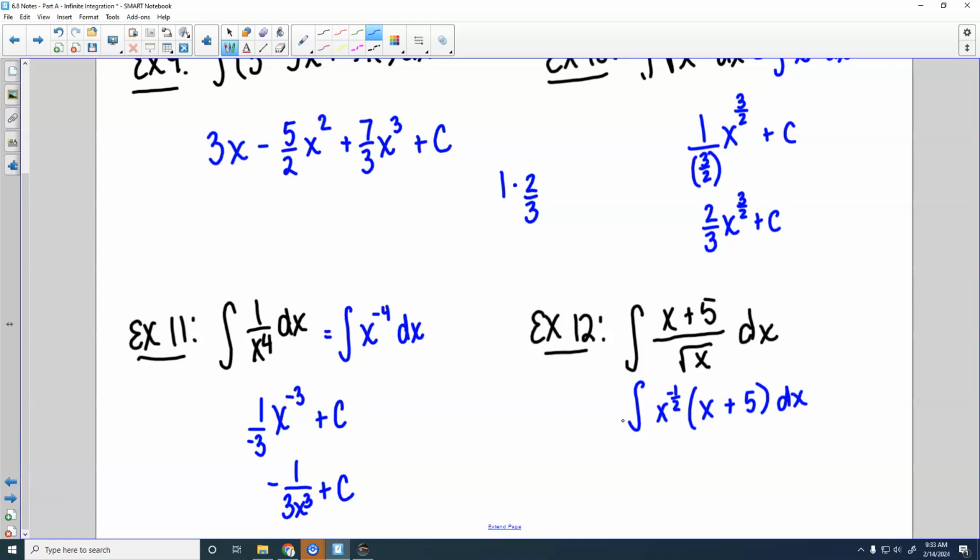We don't know a product rule for this, but we can distribute right here. When you multiply x to the -1/2 times x to the first power, you're adding the exponents. So that's going to give you x to the +1/2. And then you'll get 5x to the -1/2.